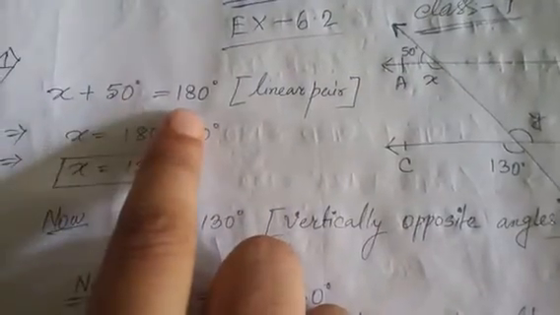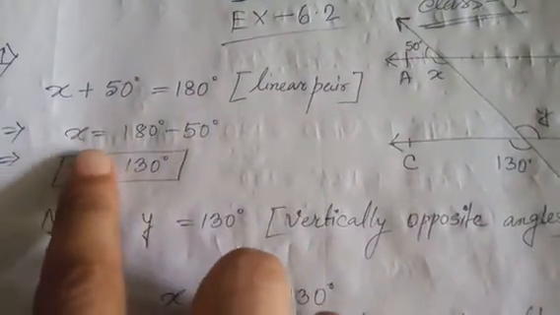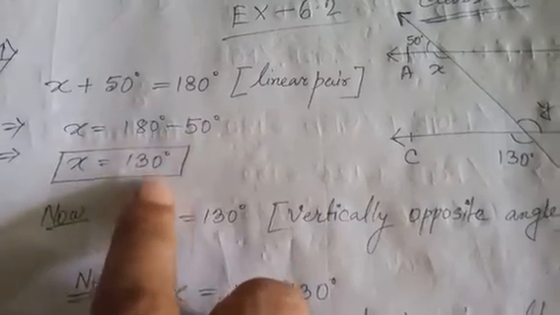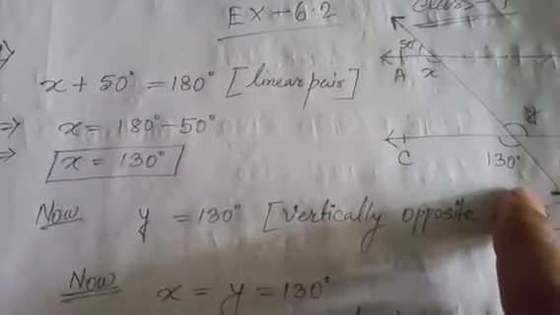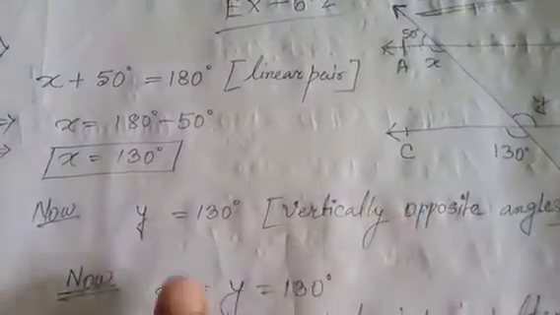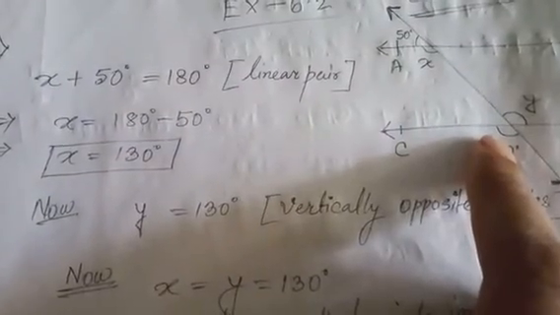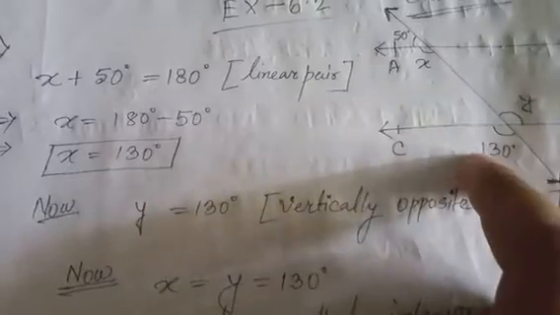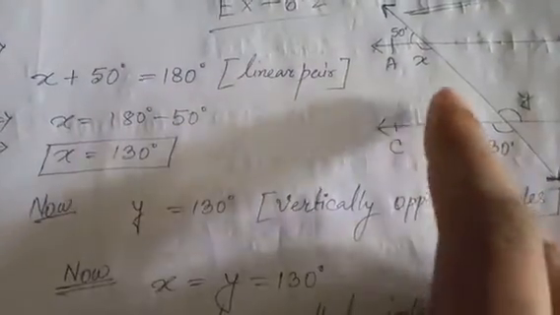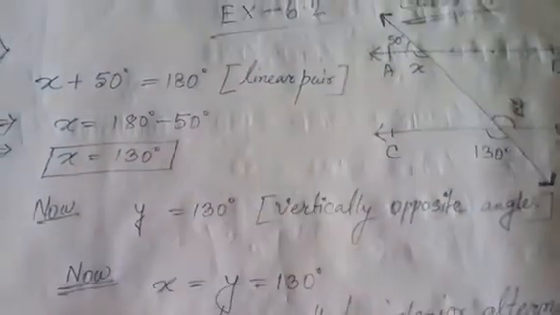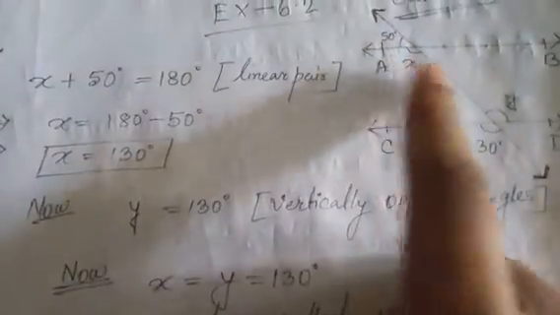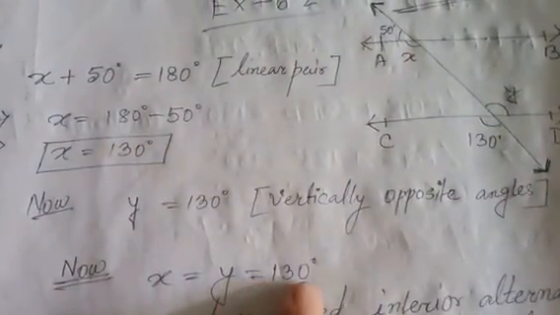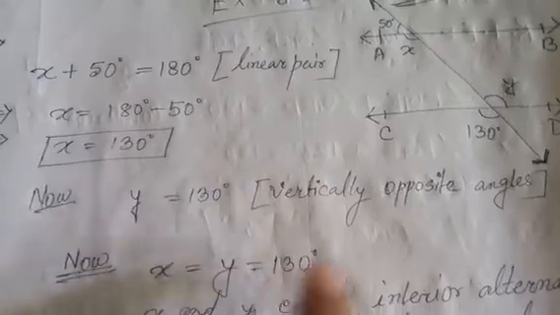Therefore x equals 180 minus 50, which is 130 degrees, and y equals 130 degrees. Why? Because these two are vertically opposite angles. We know x equals y, so both are 130 degree angles.